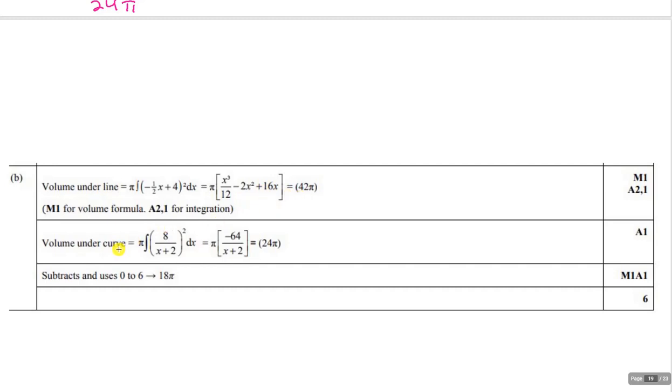And then here, we're going to find the volume under the curve. We get that answer. That's worth another point. And then you get a method point for subtracting them, and then an answer point for actually getting the right answer. All right, that's going to be it for today.